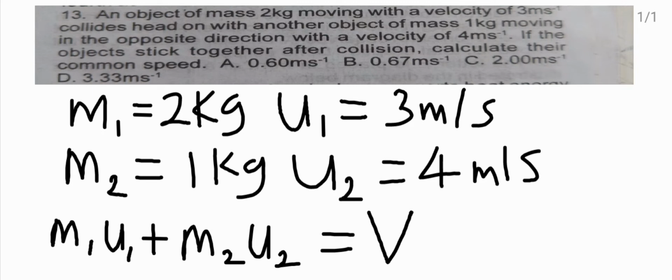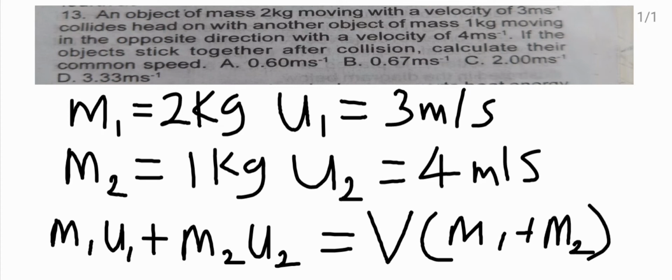So that is equal to the two masses coming together, so that will be mass 1 plus mass 2. So this is the formula we're going to be using for this. So let's see how to solve this.